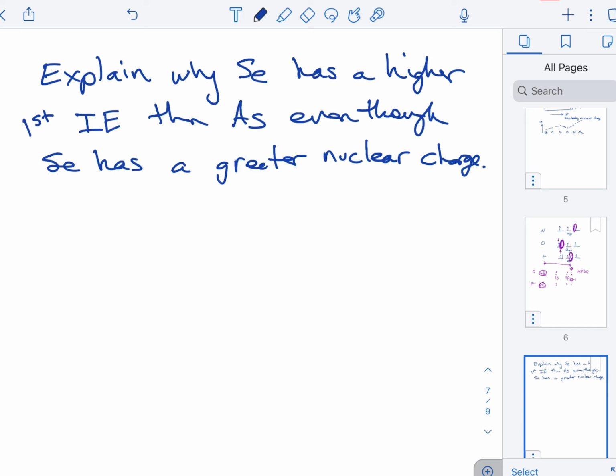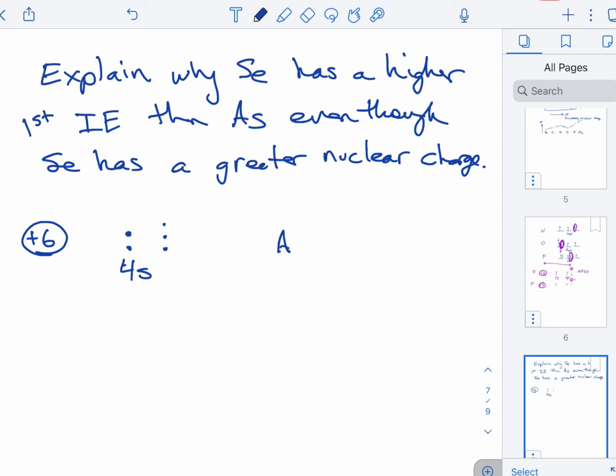Okay, so if we were to draw our diagrams for these, I'm gonna shortcut this, so I'm just gonna draw the most probable distance diagrams for the effective nuclear charge, because I'm being lazy. If you would like to draw the whole thing out, you're welcome to. You don't really even have to do that, but anyway, this would be the 4s and the 4p3 for arsenic.